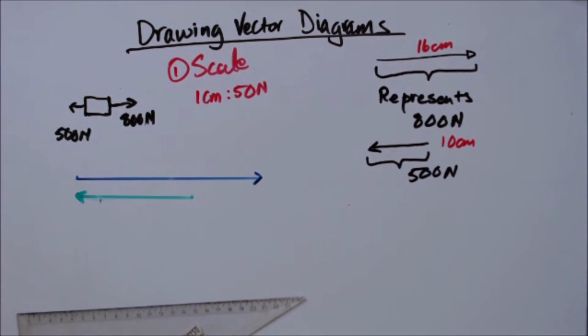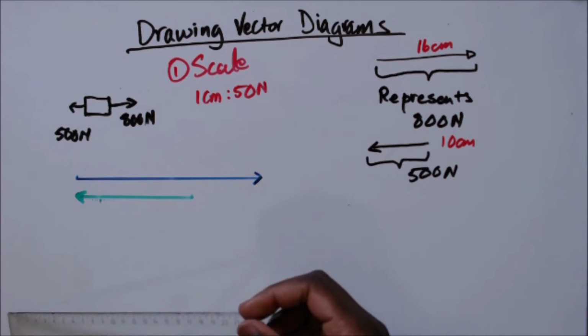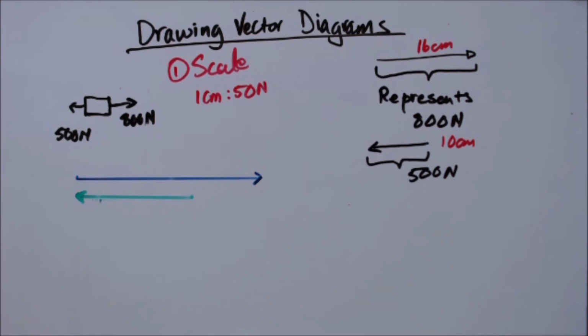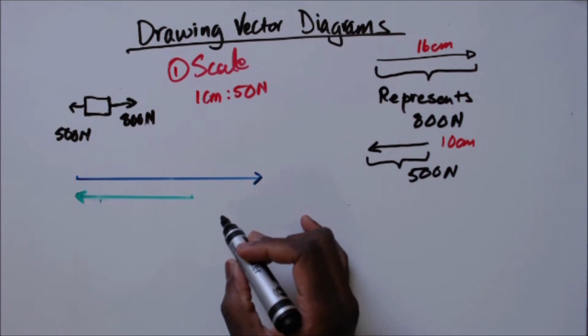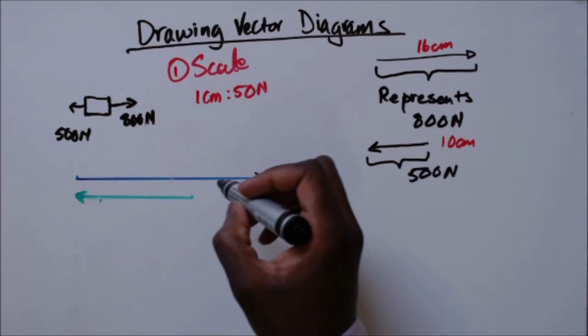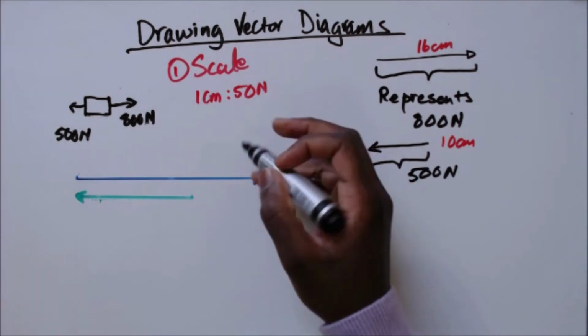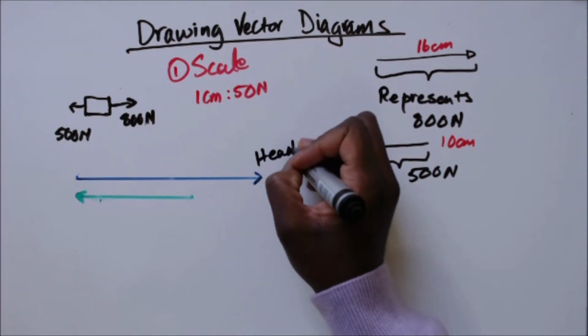And the way that I add these together is I simply put the head of one at the tail of the other. So in this case, the blue force, which is the 800 Newton force, has got a tail here and a head here. So this is the head and this is the tail.